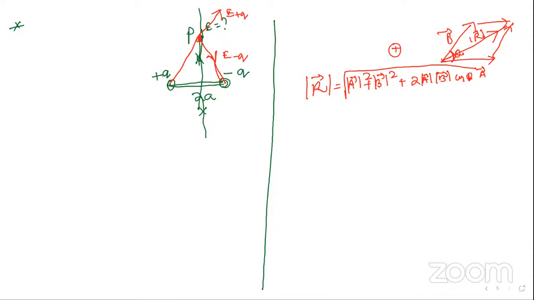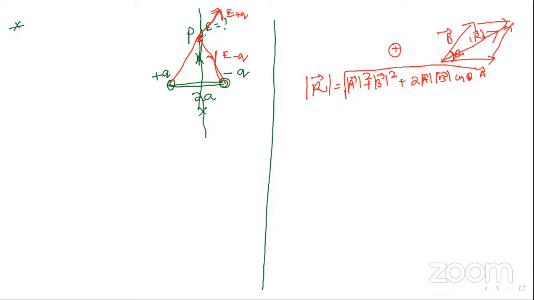Parallelogram law is, if two vectors are acting at a point, making an angle theta between them, then what will be the resultant vector? A square plus B square plus 2AB cos theta. So here also, same situation.